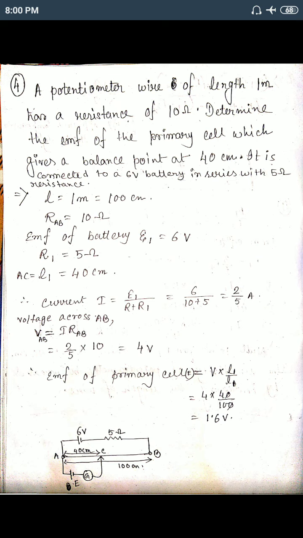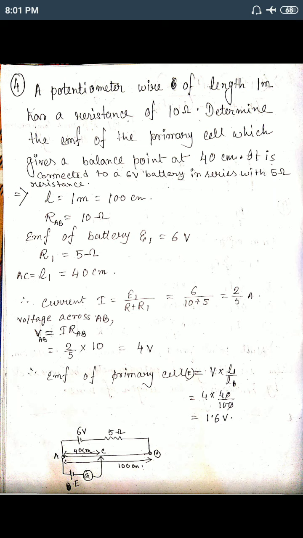First we find out the voltage across AB, that is 4 volt. 4 volt we get across 100 centimeter wire, that is L. For 100 centimeter wire the potential will be 4 volt. So for 40 centimeter wire, what will be the potential? 4 into 40 by 100, that is 1.6 volt.